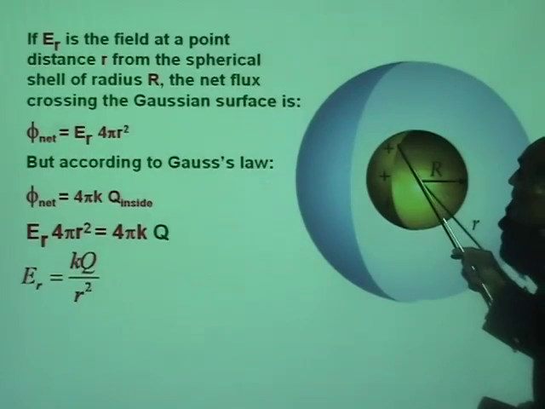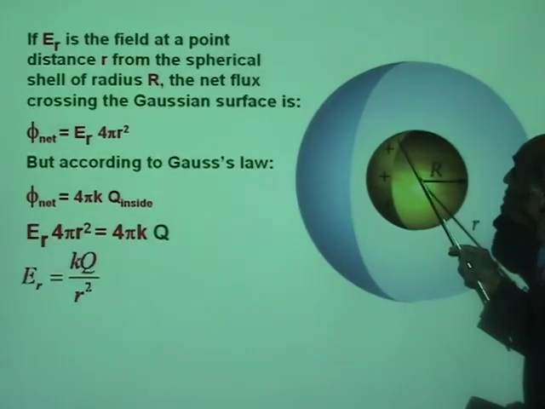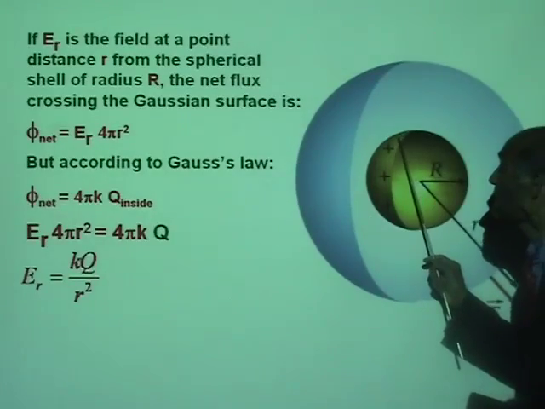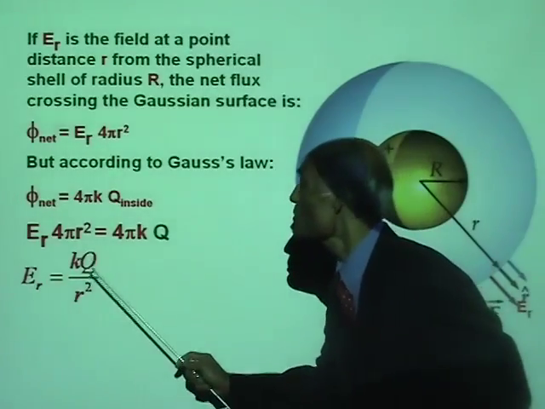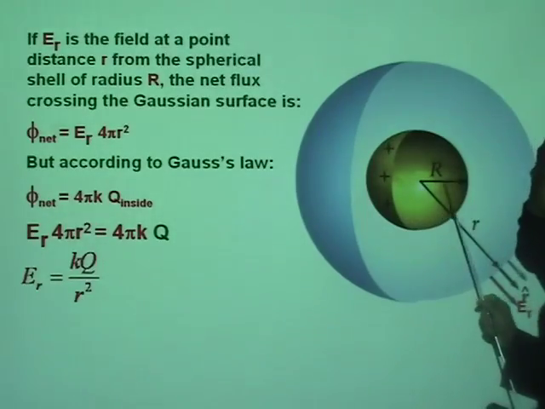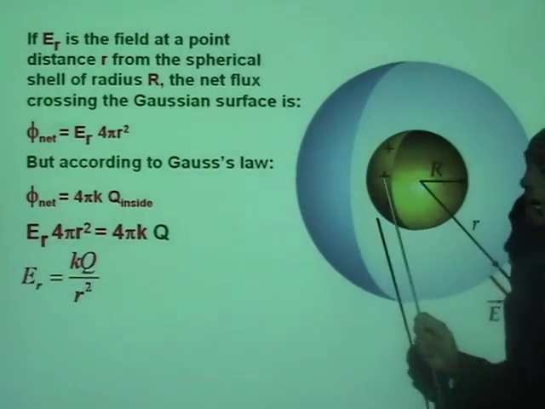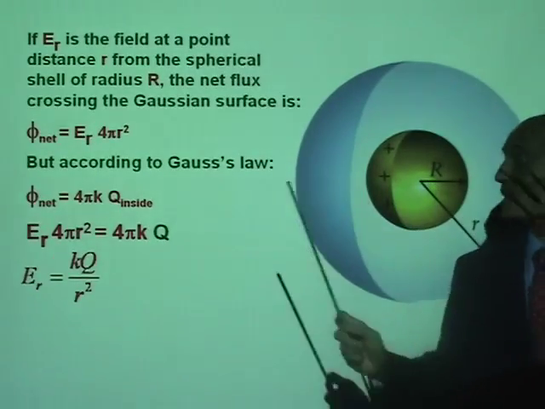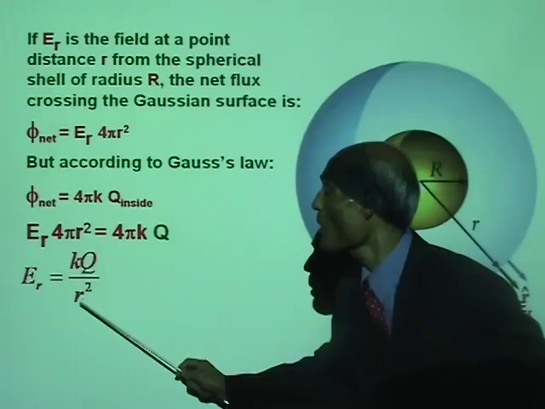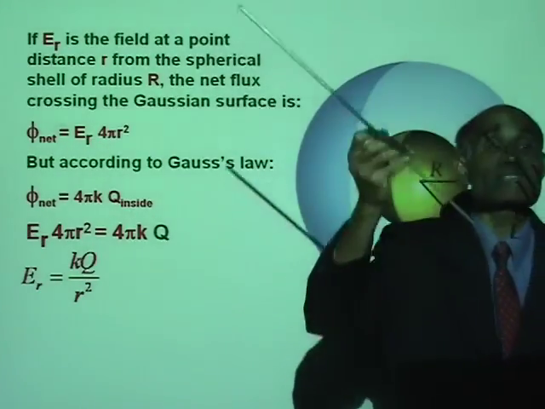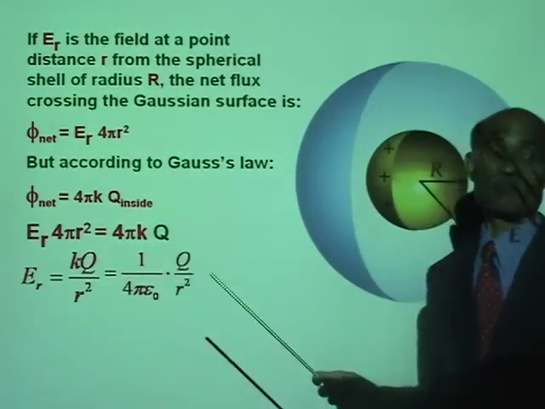Tell me, what is the electric field at the surface of our shell? The field at the surface will be kq over big R squared. This R will then be the radius R. You must know that. The electric field at a point on the surface will be kq over the radius squared, and that field will be at right angles everywhere.